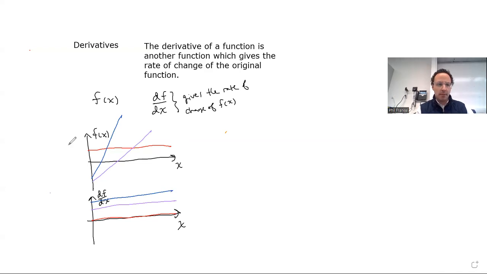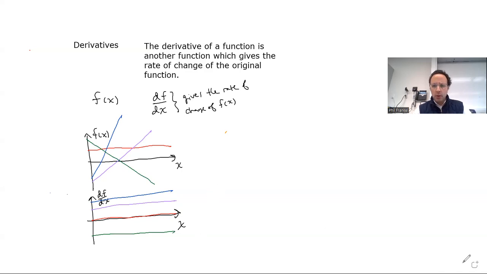All right, so those are some, well, let me do one more for completion here. Let's say I'll use green. Let's say I have a function that has a constant negative slope, then its derivative will be a constant negative value like this. All right, so the slope of a function is the value of the function's derivative.